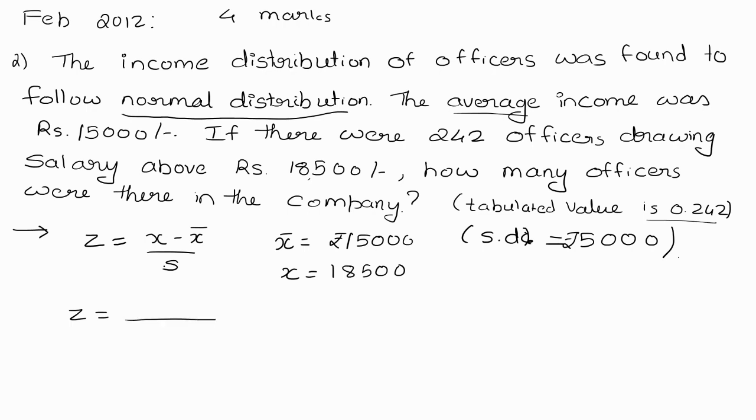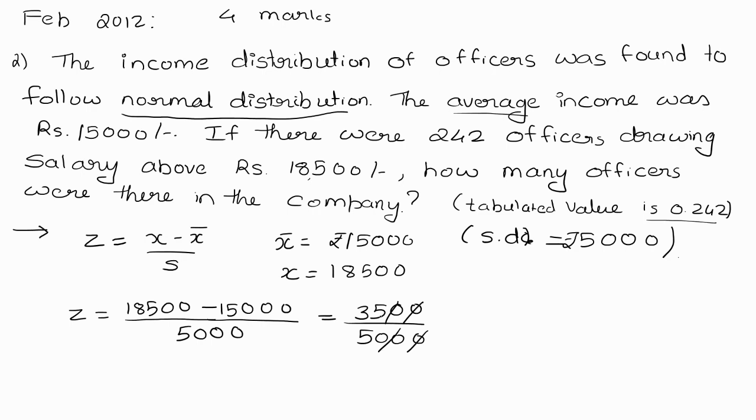So z is x minus x bar. X is 18,500 minus 15,000, and S was given to be rupees 5,000. Now this comes out to be 18,500 minus 15,000, that is 3,500, upon 5,000.